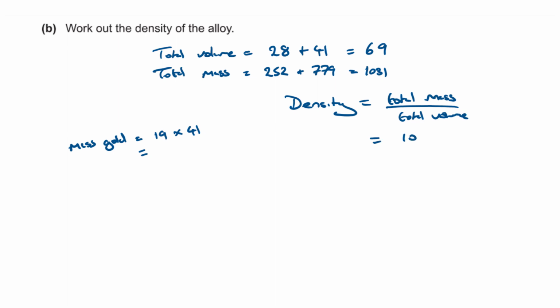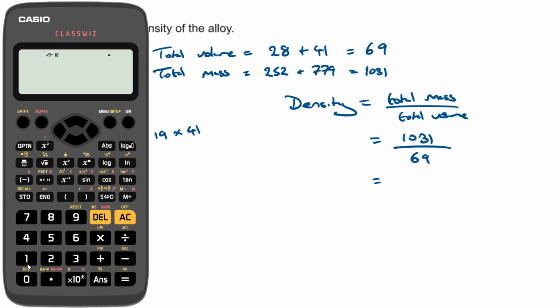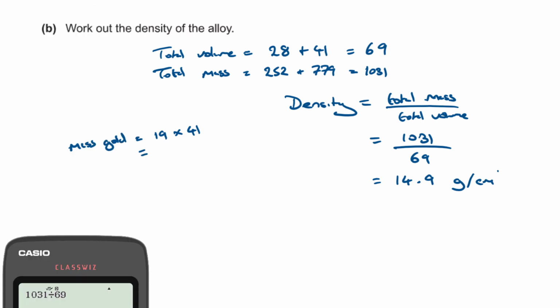So 1031 divided by 69. What's that? 1031 divided by 69. 14.94. I'm going to round it off to 14.9. So 14.9 grams per cubic centimeter.